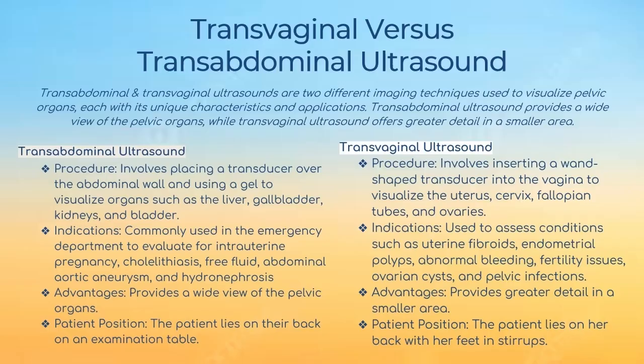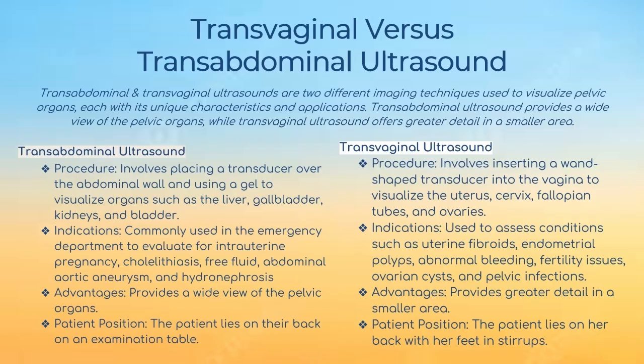The transvaginal approach is a little different. It's done by inserting a wand-shaped transducer into the vagina to visualize the uterus, cervix, fallopian tubes, and ovaries. It's used to assess conditions such as uterine fibroids, endometrial polyps, abnormal bleeding, fertility issues, ovarian cysts, and pelvic infections. Advantages: it provides greater detail in a smaller area.